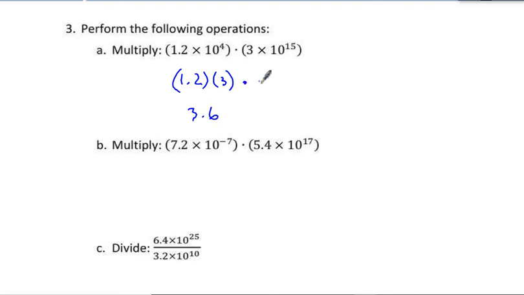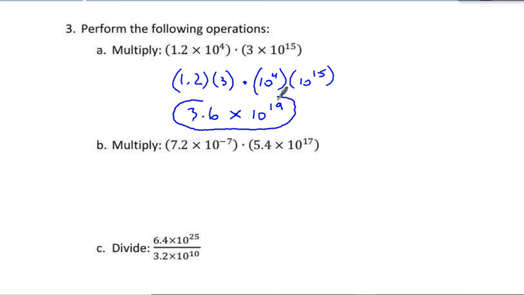Now we can also look at 10 to the 4th times 10 to the 15th, and we see that we're multiplying same base. So we're going to add exponents. Times 10 to the 19th, and we usually use the X symbol in scientific notation for multiplication. We check to see that we have one digit in front of the decimal place. We are good to go.